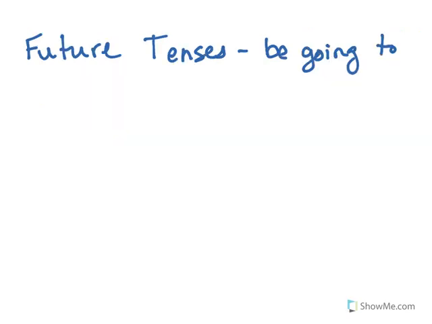And now we're going to take a look at the form for the going to, which is the other form of the future tense that we use. So we can start off in the same way that we do subject, helping verb, and object for an affirmative sentence.